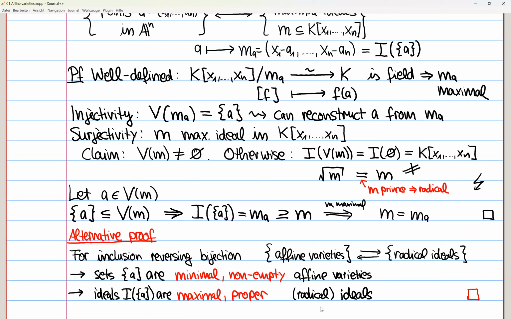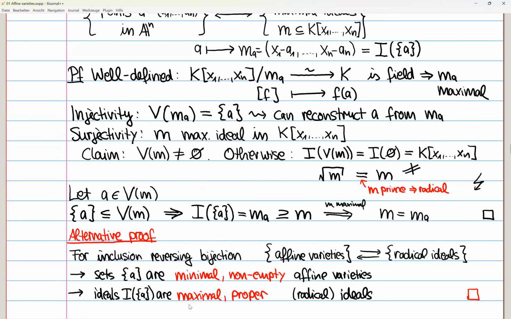And well, if you had an ideal which is maximal among radical ideals, and then there is another bigger ideal in there, then this bigger ideal is itself contained in an even bigger maximal ideal, but that maximal ideal is again radical, and so the original ideal that you started with is contained in a bigger radical ideal, and that gives a contradiction.